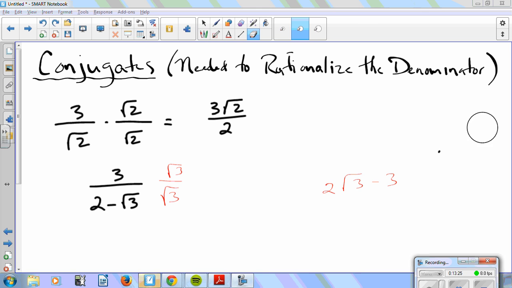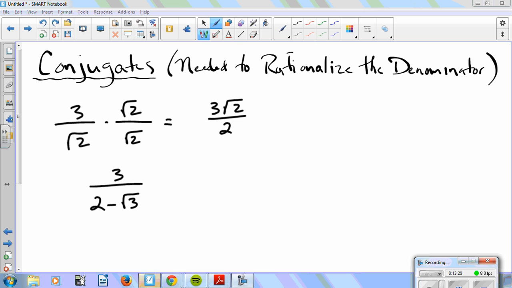So what we need to do is use something called a conjugate. And what a conjugate is, and this is a little side note here: if you have a plus the square root of b, it's got a rational part, a real, and an irrational part. Irrational is the square root part. The conjugate is a minus the square root of b.